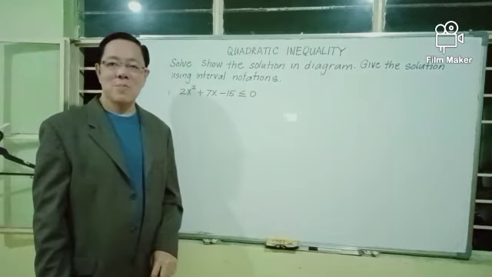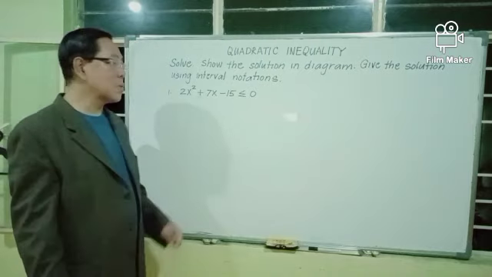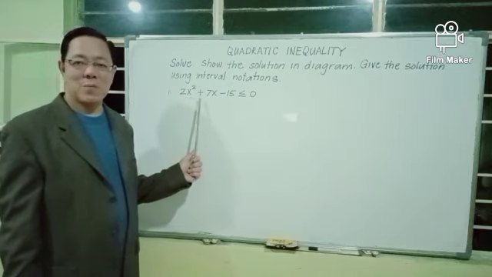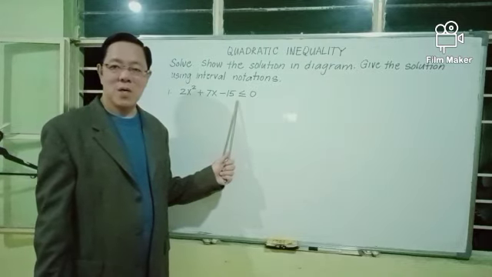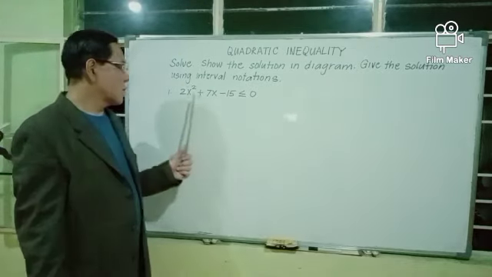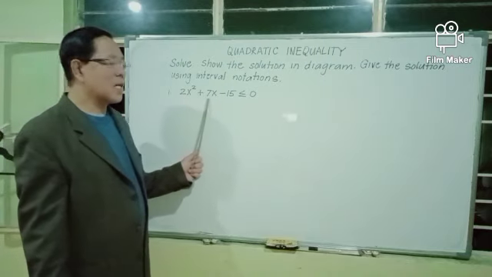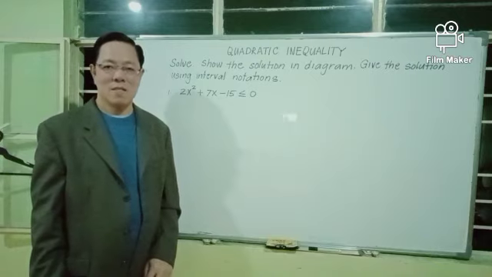If the highest exponent of a variable that appears in your equation is 2, that expression is a quadratic expression. And since the variable involved is x, we say that this expression 2x squared plus 7x minus 15 is quadratic in x.